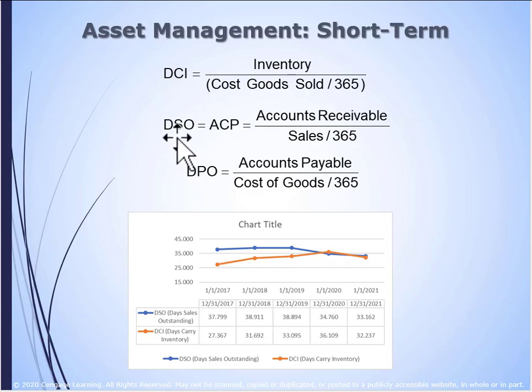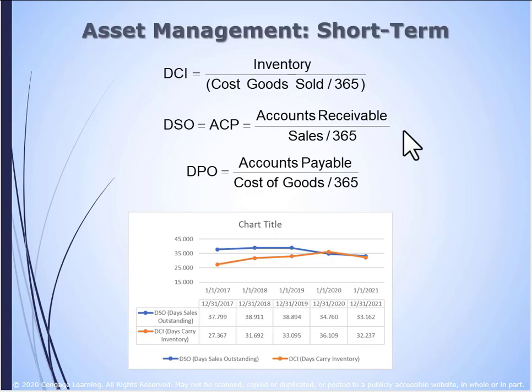DSO is days sales outstanding, sometimes referred to as the average collection period, ACP. This is accounts receivable. How long, on average, does it take for our customers to pay for the things that they buy from us? Now, for large corporations, think about Coca-Cola.